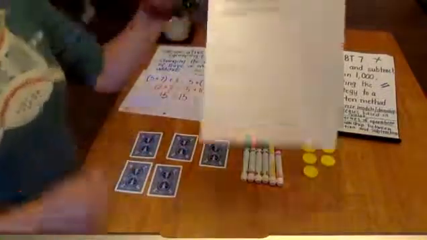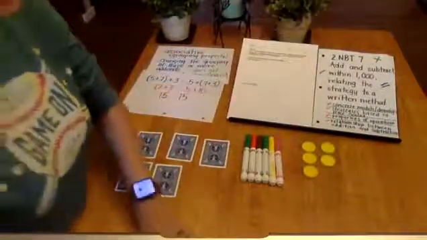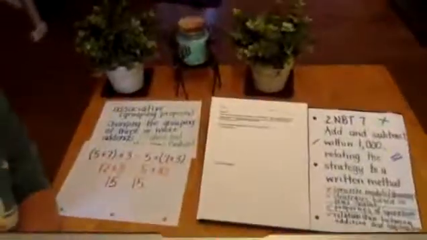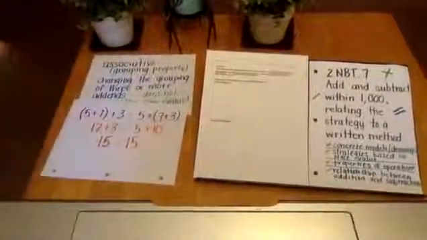So for my first strategy, I could draw what I just did. So let me show you what that would look like. Let me see if I can get you closer. Moving on closer to my paper. All right, that's about as good as it's going to get.